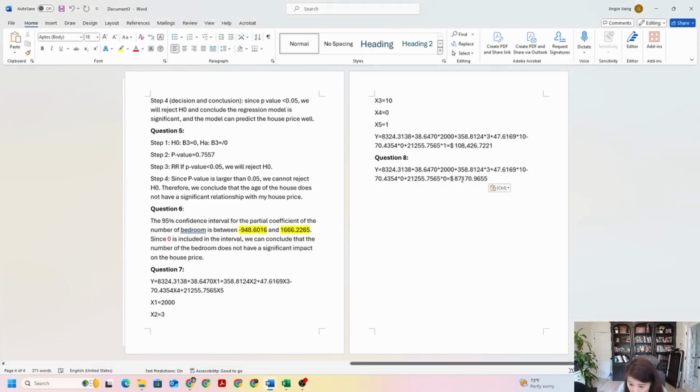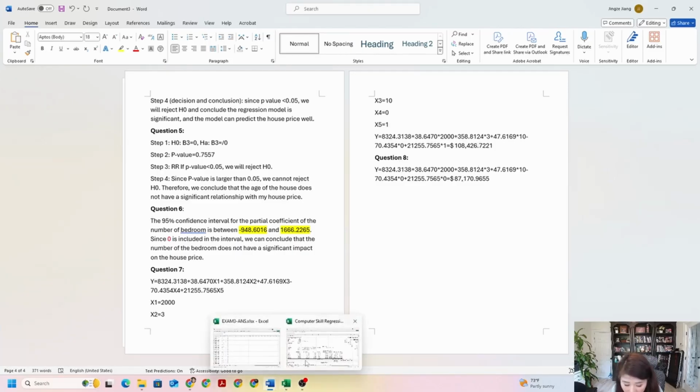As you see, the Pullman house is much cheaper than the house in Dallas. Surprisingly, given all the conditions are the same except the location, if the house sold in Pullman, it would be almost $13,000 cheaper than the similar house in Dallas, right? So this is the answer for question number 8.